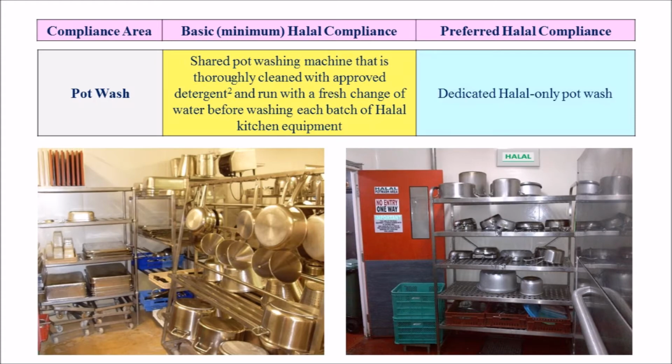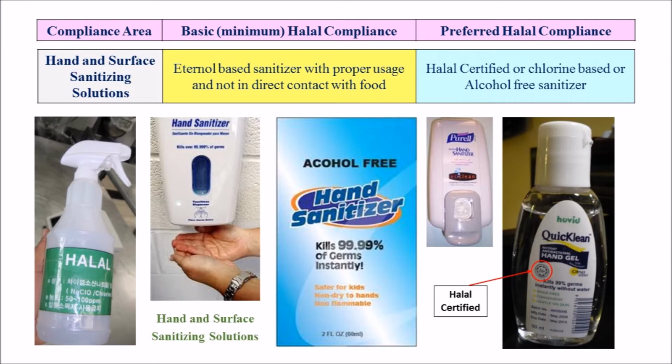Now, hand sanitizer. Remember, we call it the hand and surface sanitizing solution. The basic or minimum requirement: ethanol, alcohol-based sanitizer with proper usage and not in direct contact with food. It's allowed. The preferred level is, of course, halal certified sanitizer or solution, some chlorine based or alcohol-free.